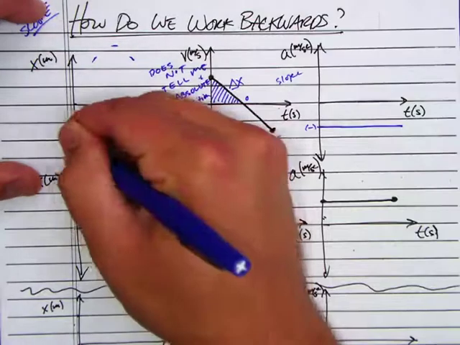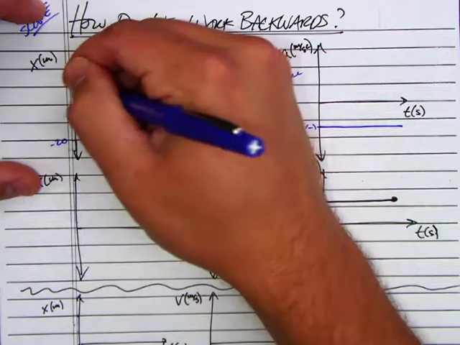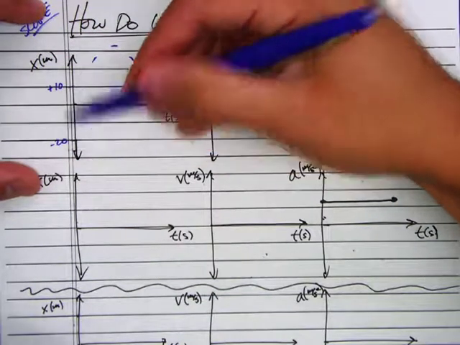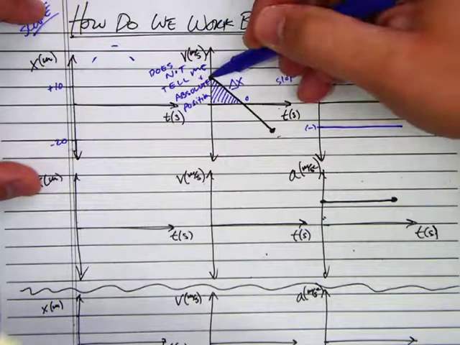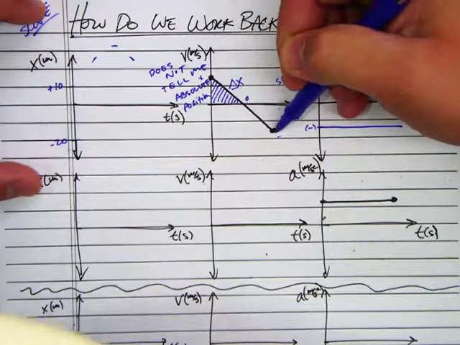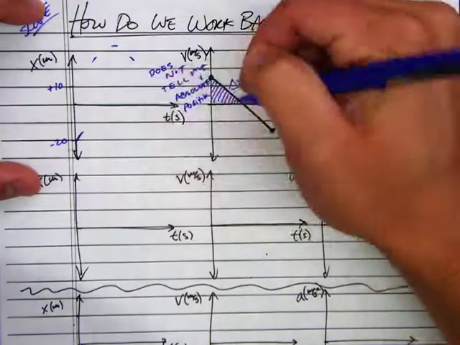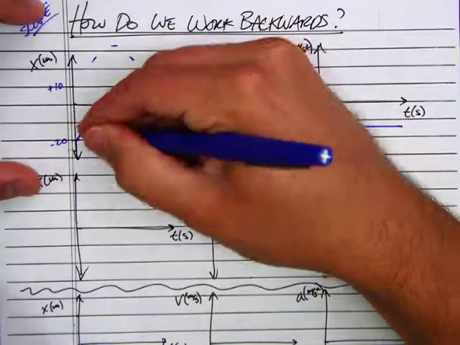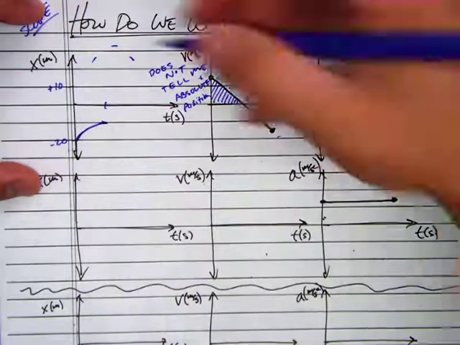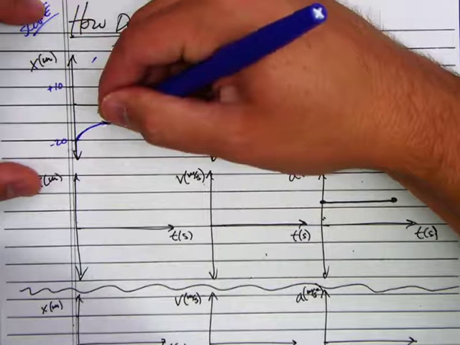So let's take two examples. Let's say I started at a position of negative 20, or I started at a position of positive 10. Once given an initial condition, now I can say, all right, I start with a positive slope, I go to a slope of 0, and I end with a negative slope. So I start positive, and at about this time I'm flat, so I'm curving downward. And I know it's quadratic because when this is linear, this is quadratic from working the other way.